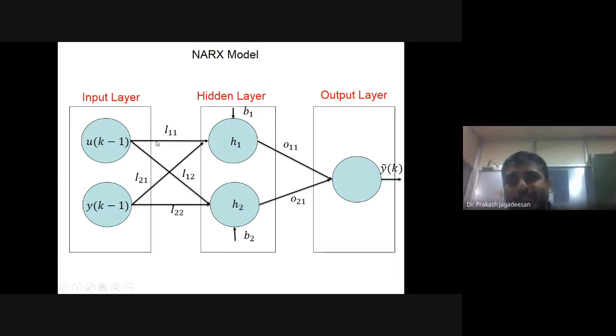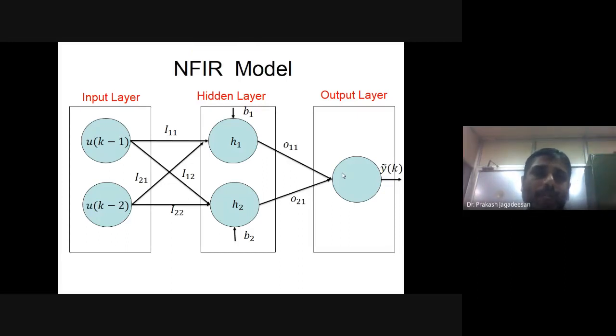You can use a regularized approach, estimate the parameters, and then do a validation. Of course, you have to select the right activation function for the neurons in the hidden layer, and similarly the activation function in the output layer. Thereby you can capture the dynamic behavior of a nonlinear system. That is in the case of NARX.